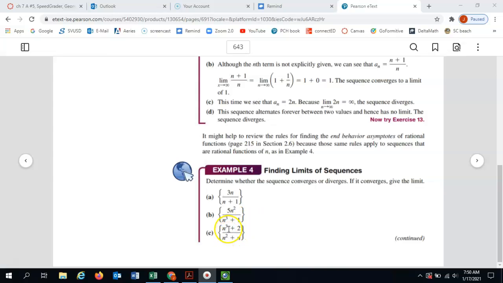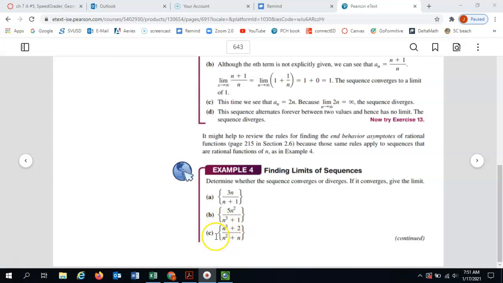What about the case where the top one is bigger than the bottom one? So just think about it logically for a minute, right? And you can even ignore this one at this point, because we really only need to focus on, as n gets super, super big, the overall effect on this is really going to be dictated by the biggest powers, right?